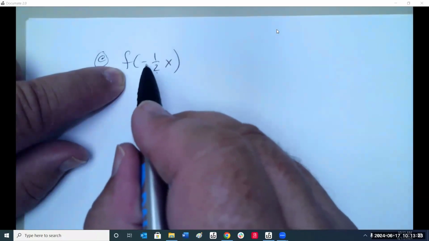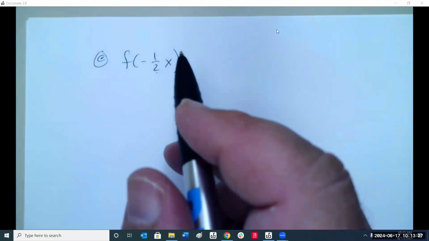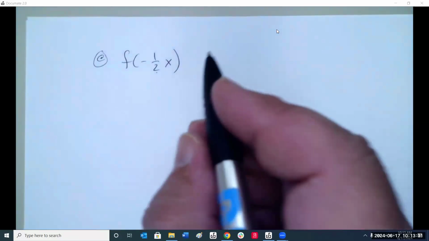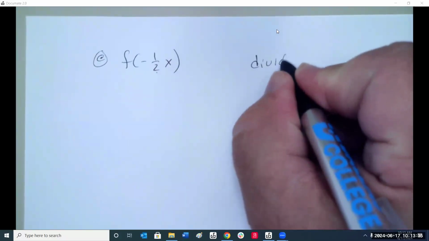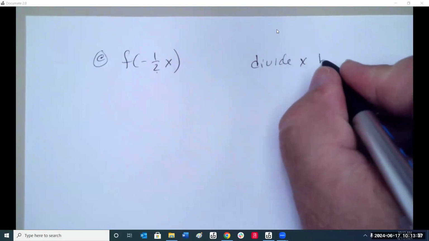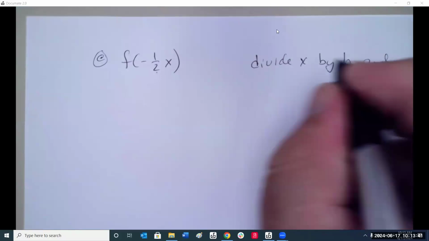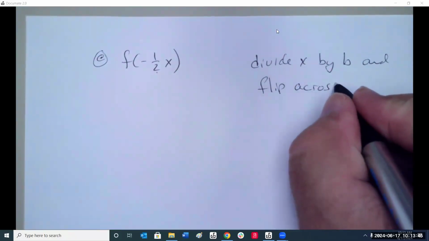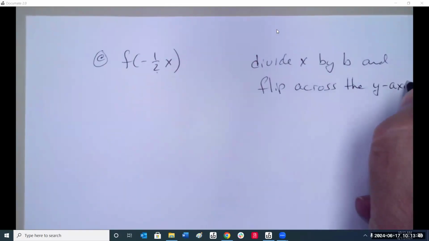If it happens inside, it reflects across which axis? Very good. So here, divide x by b and flip across the y-axis.